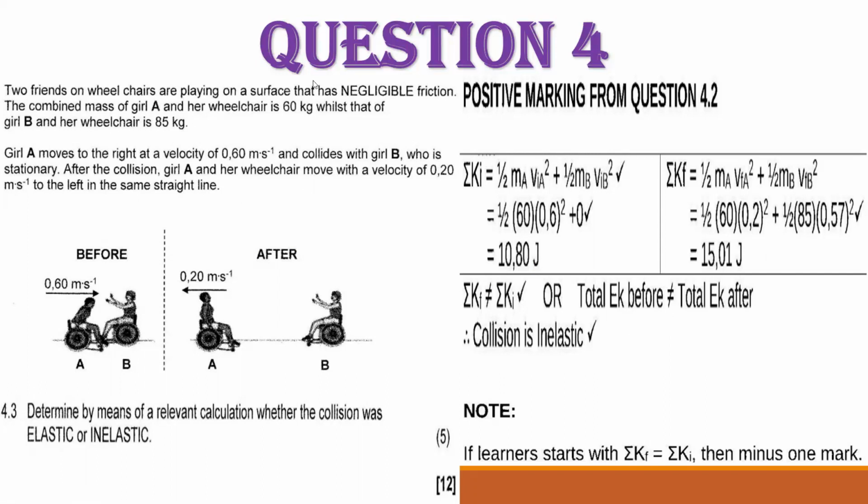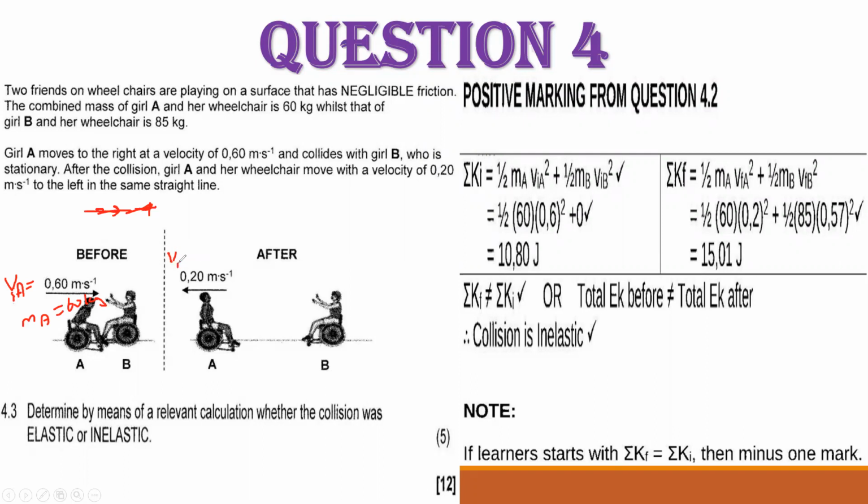All right. But remember, you already wrote on the question paper, right? What we have: V initial A, and then MA we know, 60 kg. And what else do I know? If I say this side is positive, you can use a different option also for this one. But for kinetic energy, positive or negative doesn't matter because you are taking the square here. So you don't have to take direction, we can leave it, it's fine.